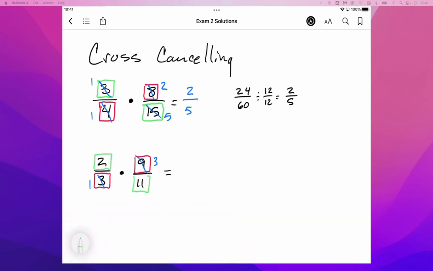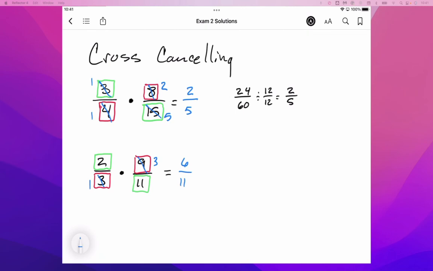And so there is no cross-canceling that can be done there. And so what we end up with is, in the numerator, 2 times 3 is 6, and 1 times 11 is 11. If you're a big fan of cross-canceling, today will be a great day for you. If you're a person that doesn't have a lot of experience with cross-canceling, you'll get a lot of experience with it today.